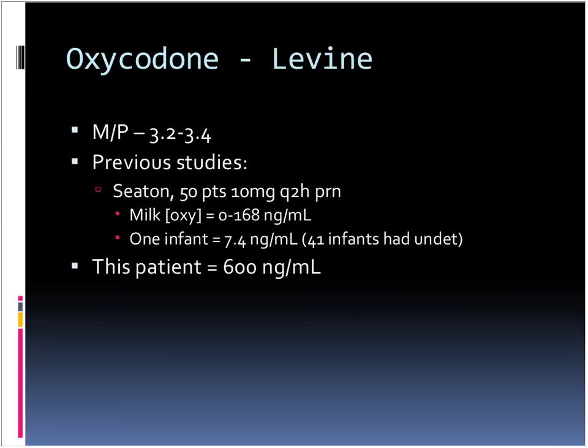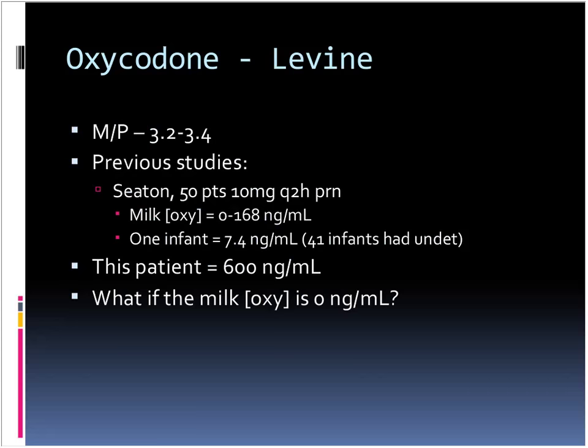This is not always a very easy answer, but let's just look at oxycodone for a minute. Milk to plasma ratio quite high. It accumulates in human milk, both because it's a weak base and because of lipid trapping. There have been studies that looked at oxycodone use in breastfeeding mothers and found milk oxycodone concentrations.